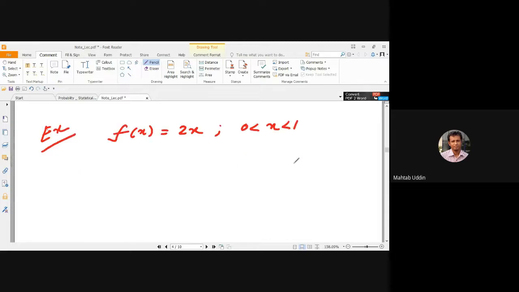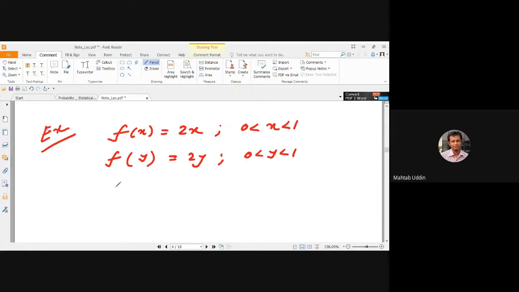Now order statistics and raw data have the same values, but they are in increasing order and not. So if I write f(y), it will have the same form: twice y, for 0 less than y less than 1. The values are the same, but x is not ordered, while y is ordered.